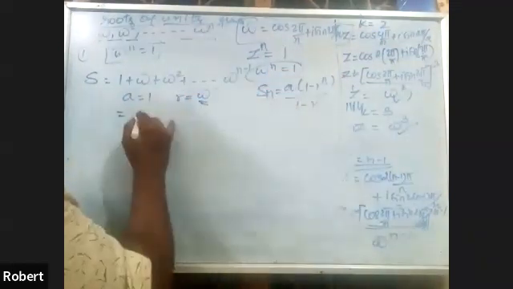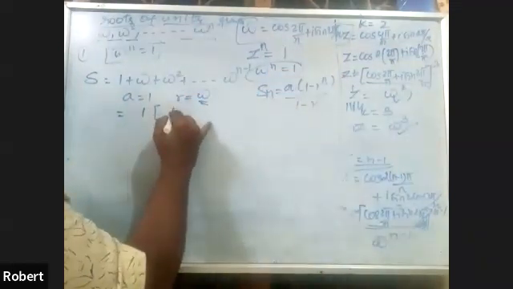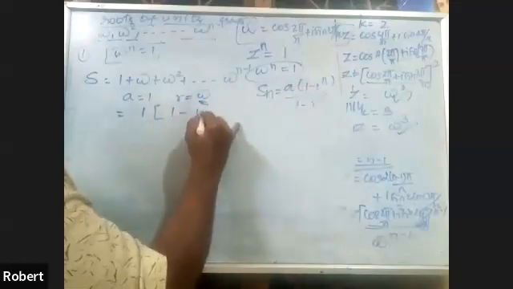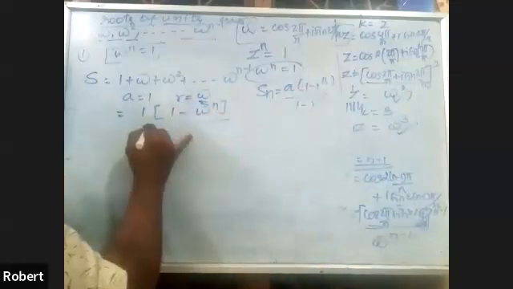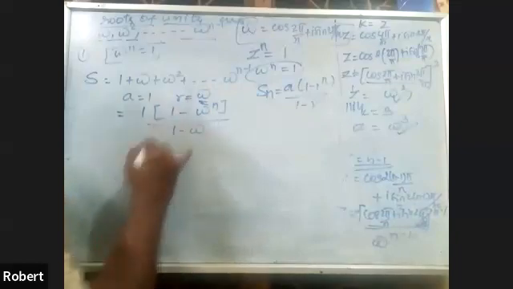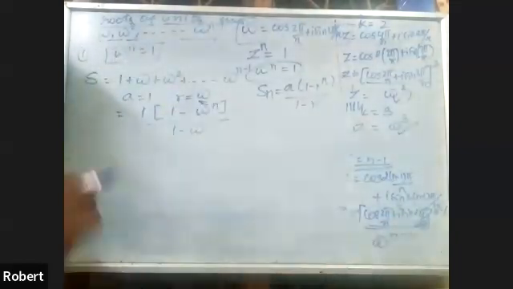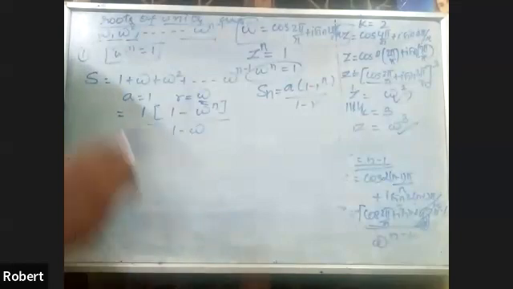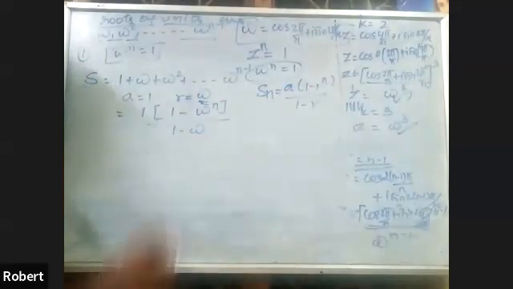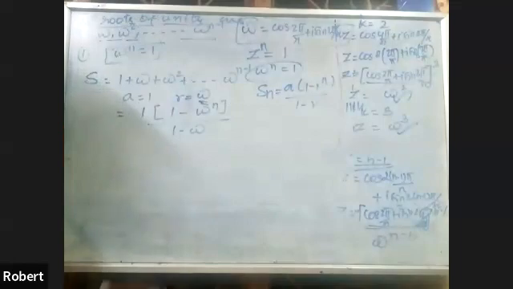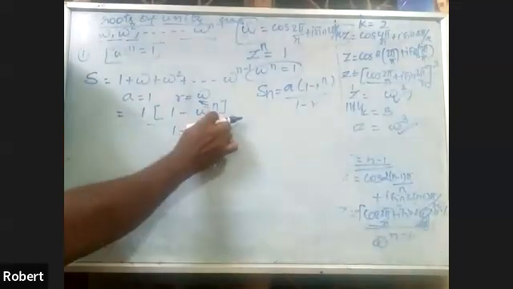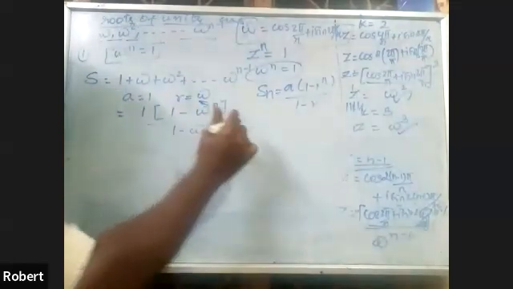Now I can write this as a is 1 into 1 minus your r is omega, omega power n divided by 1 minus omega. We know that omega power n is nothing but 1. First result அதுதான். If omega is the nth roots of unity, then omega power n is equals to 1. I can substitute omega power n equals to 1, போடலாமா? 1 minus 1 is 0.